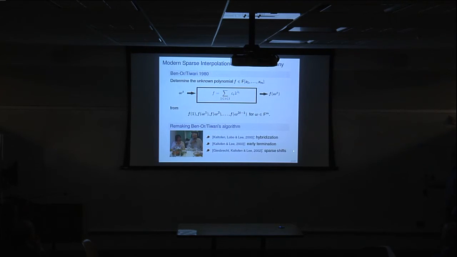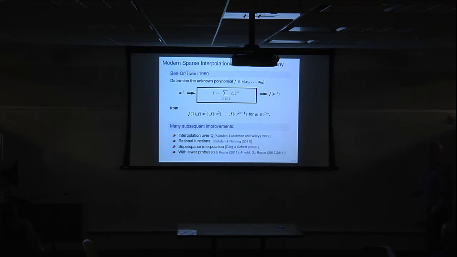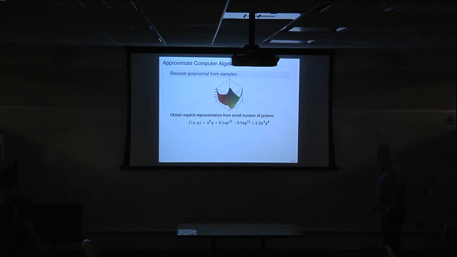She came to Waterloo as a postdoc in 2002 to 2005. This was actually when she was in North Carolina doing sparse shifts, but when she came to Waterloo we were just starting to look at numeric algorithms, and so we started to look at numeric sparse interpolation.